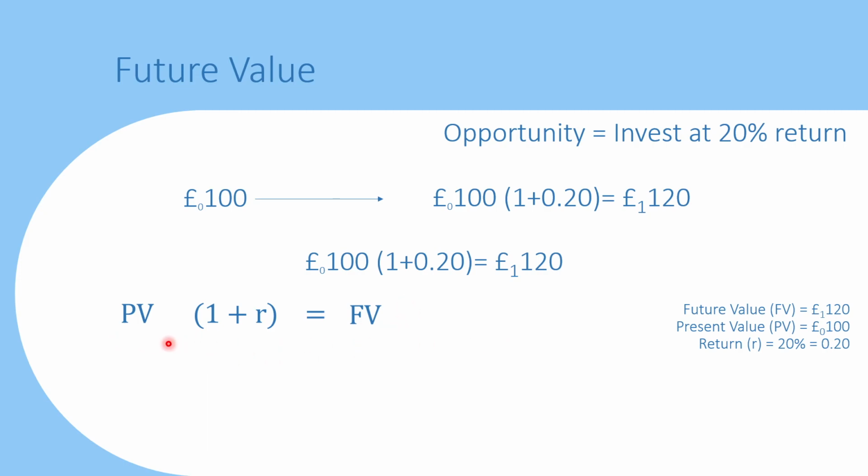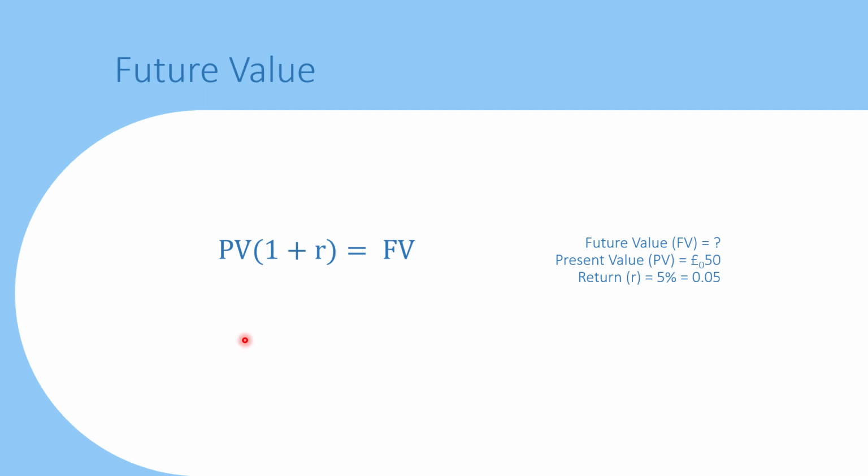But now what we have is a general equation that we can use. I can put any value for PV in here. I can put any value for R in here, and I can use that to calculate what the future value would be, right? So using this equation over here, if I were to tell you, well, the present value is 50, right? So far, we've been looking at 100 as your initial value, but now we're going to try 50.